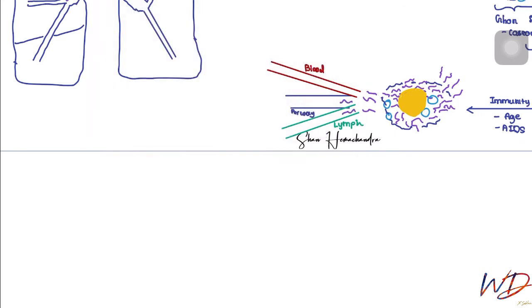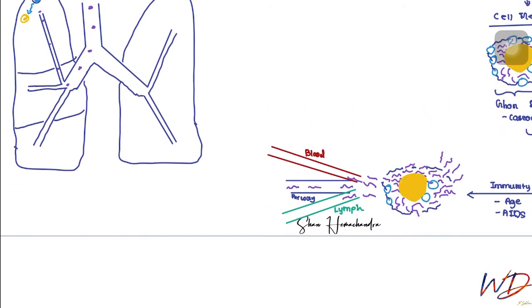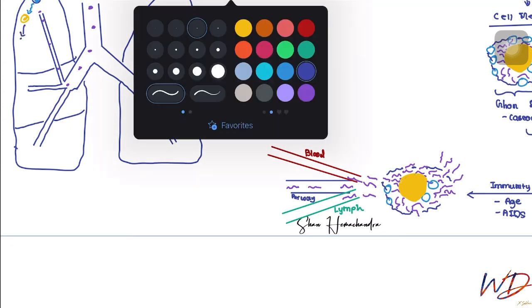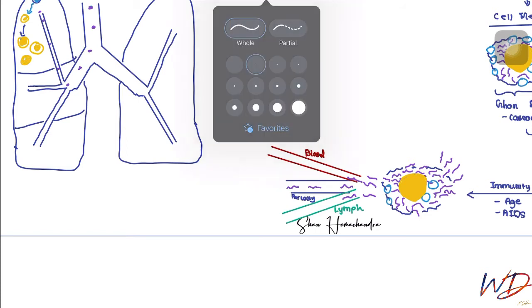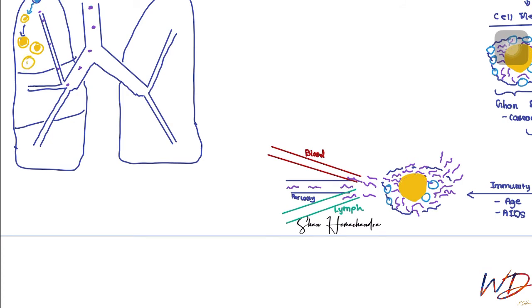What happens when the bacteria spreads through the airway? You will get the infection traveling down. You will get the same Ghon foci, or the bacteria will travel down. See, it loves oxygen. That's why I'm still drawing it in the upper lobes.